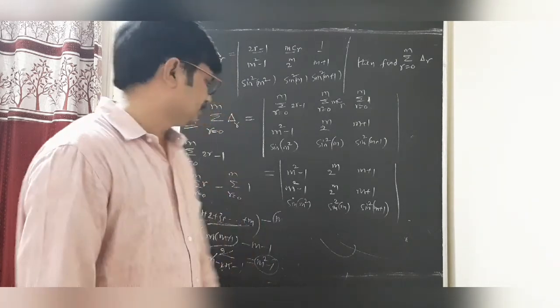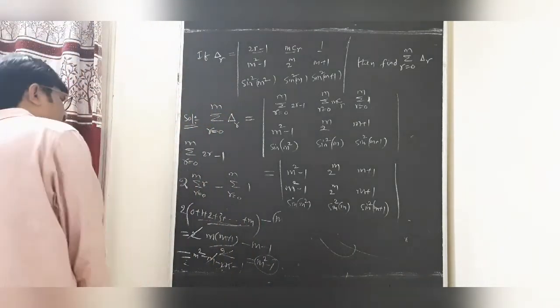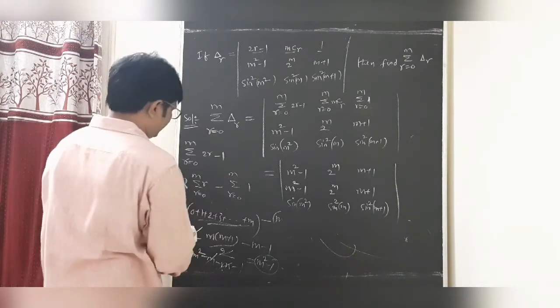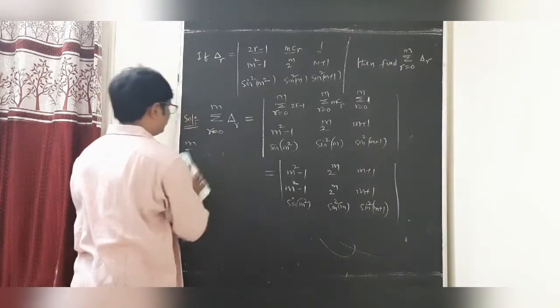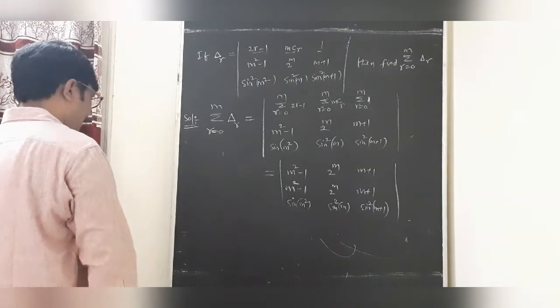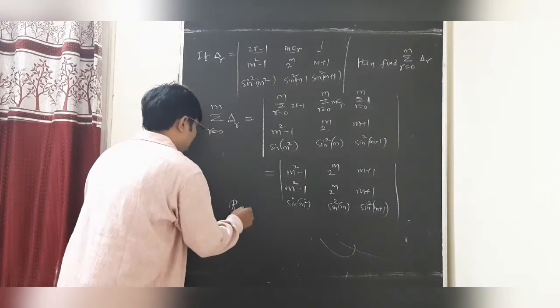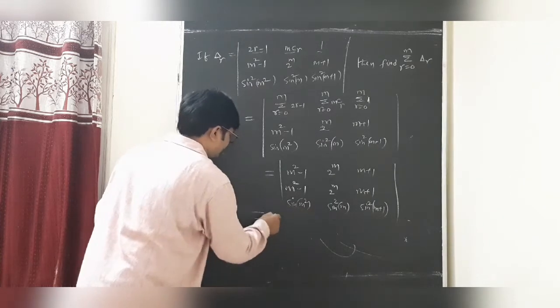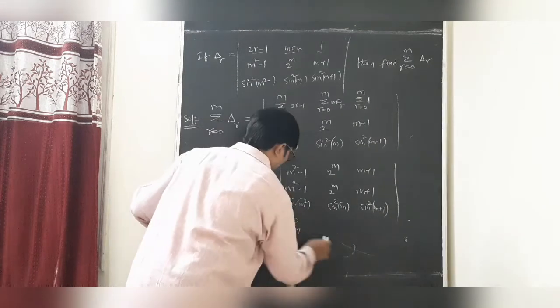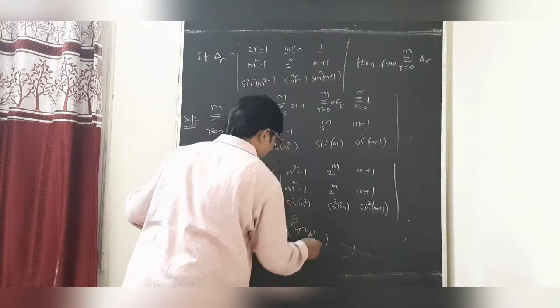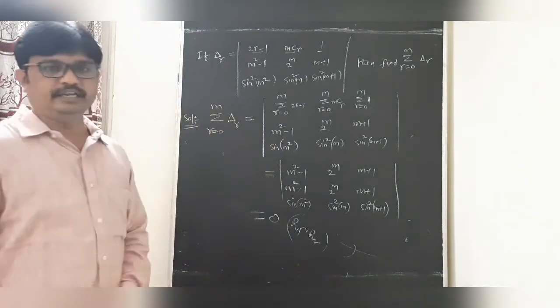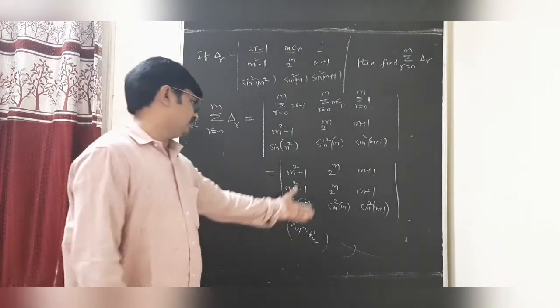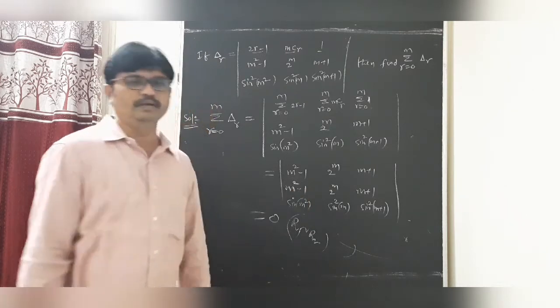So undoubtedly its determinant must be equal to 0. R1 is identical to R2. So students, R1 is similar to R2. That is, undoubtedly its determinant is 0, since R1 is identical to R2. Okay students, R1 and R2 are similar.